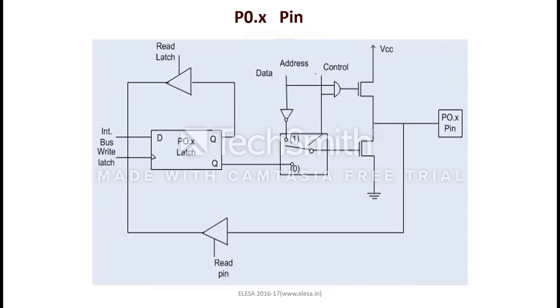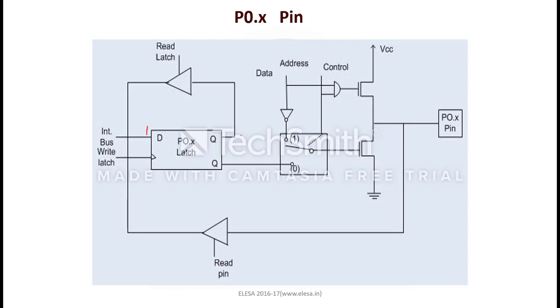One thing must be remembered: to use the port 0 pin as input output pin, the control signal must always be 0. You can see in the diagram that control should be 0. Then we set D equal to 1 to make the port pin an input pin.